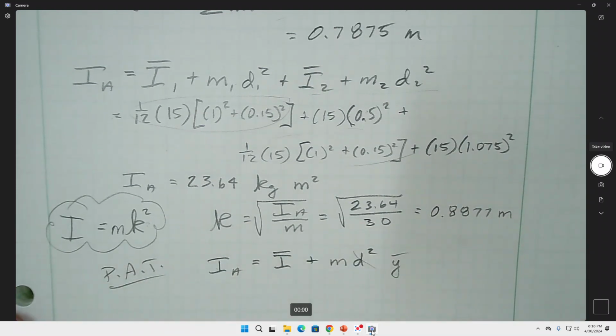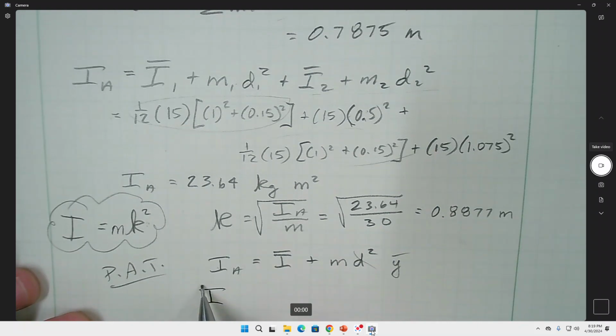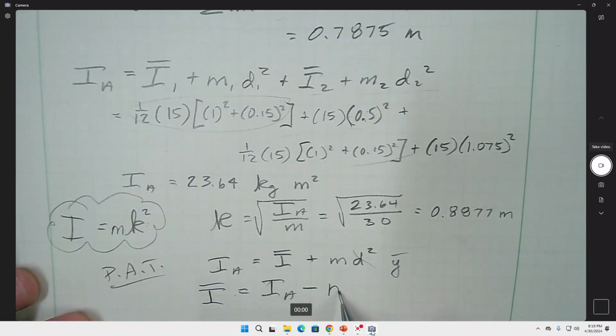We got our y bar from A. We found the mass moment of inertia about that spot, and we're going to move it to the center of the thing. So we flip it around and that is equal to IA minus M times y bar squared.